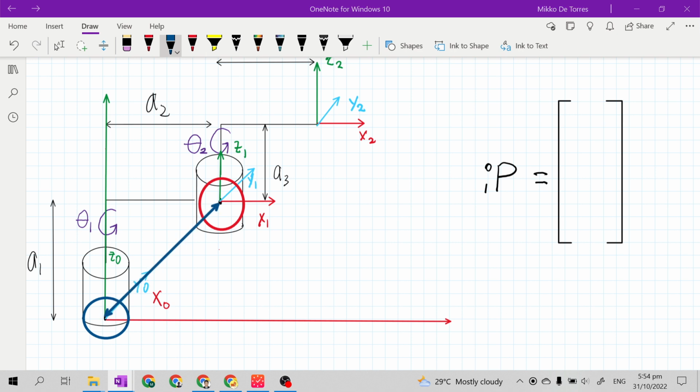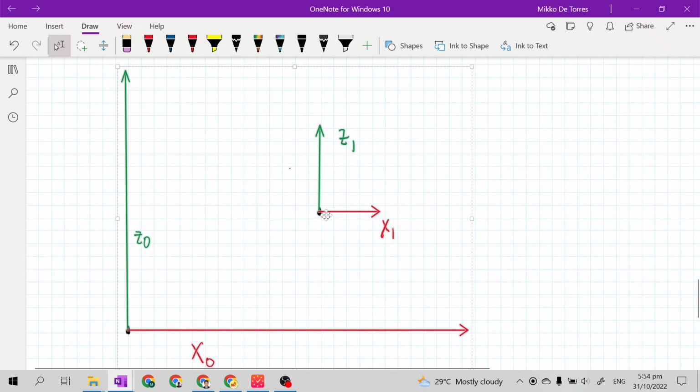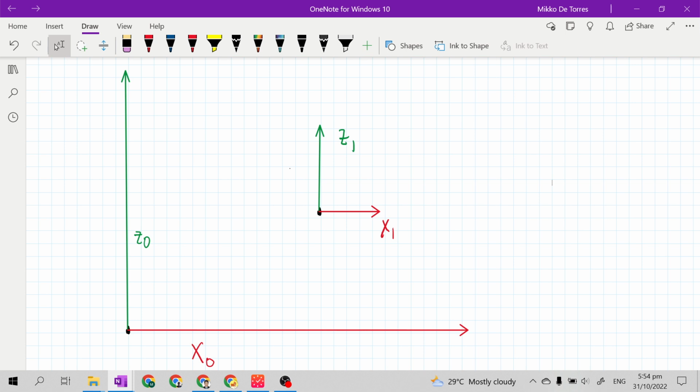If we look at the front view of this mechanical manipulator, we will only see two frames, or we will only see four axes of our two frames: the axis of x sub 0 and z sub 0, as well as the axis of x sub 1 and the axis of z sub 1. The axes x sub 1 and z sub 1 are along the axes x sub 0 and z sub 0. This is the front view.